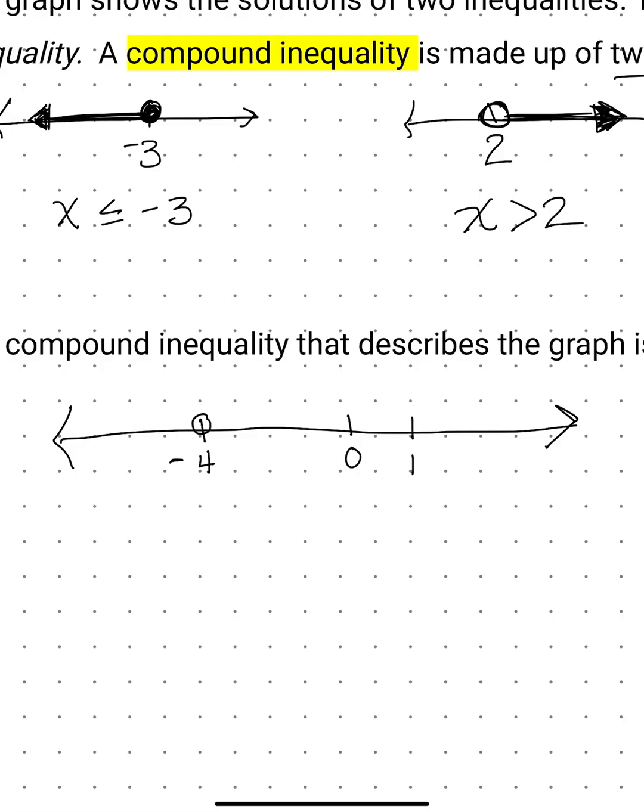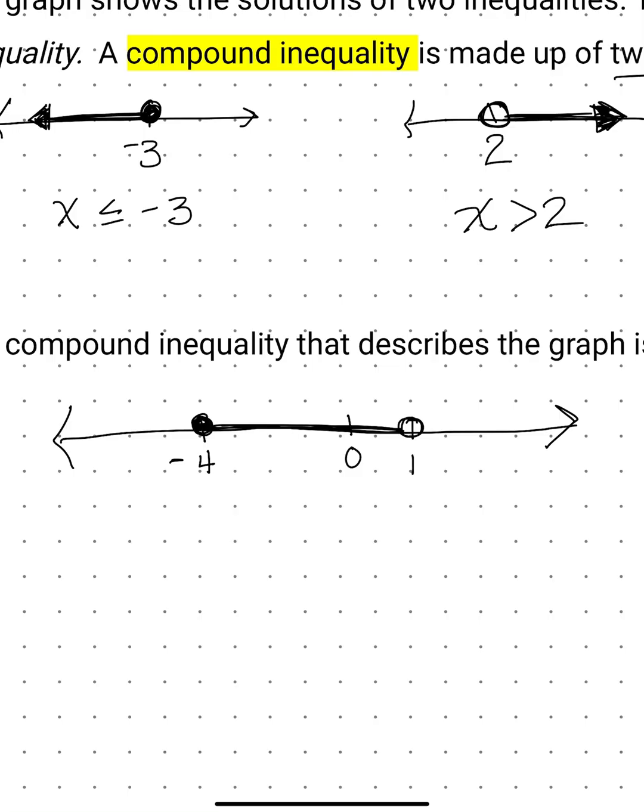Above -4, we're going to put a closed circle, so it's going to include -4. Above the 1, we're going to put open circle, so it's up to the values of 1, but not including 1. But this time, we're going to indicate the in-between values. And what would that represent?